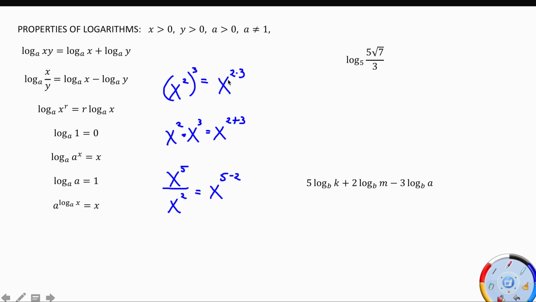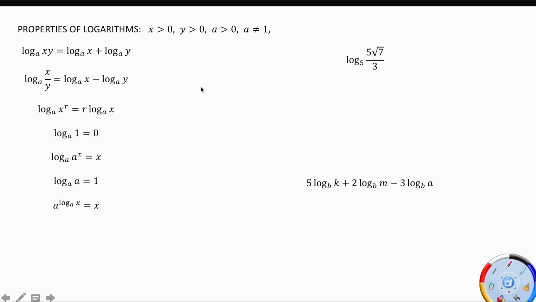That's right, you multiply. Okay, so these properties allow me to either combine logarithms with the same base into one logarithm, or separate into individual logarithms with one single argument.